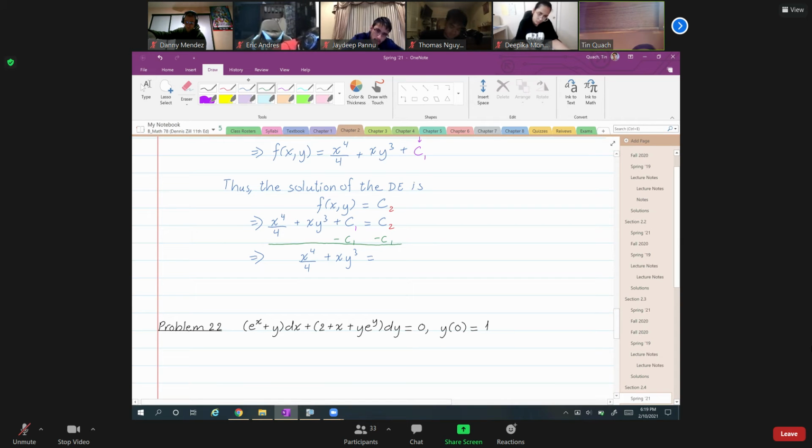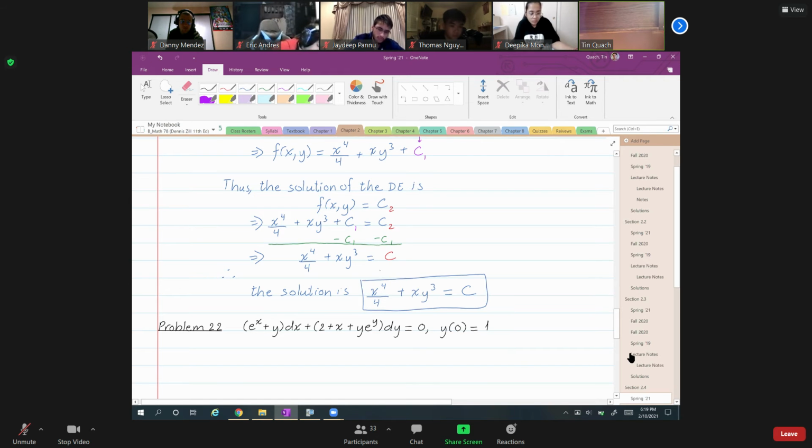Then on the right side, I have C sub 2 minus C sub 1, which is another constant, C. So therefore, I'm writing a lot here, but when you do your homework, you don't have to write as much as I do here, because I'm trying to explain to you everything I can. So the solution is x to the 4th over 4 plus xy cubed equals a constant.